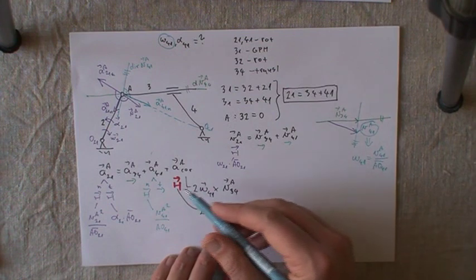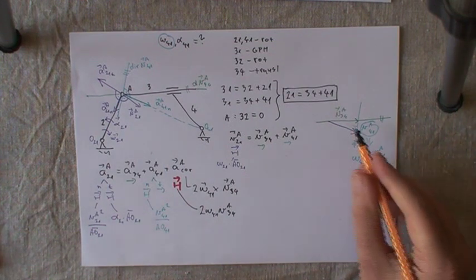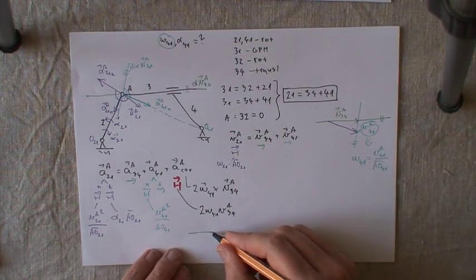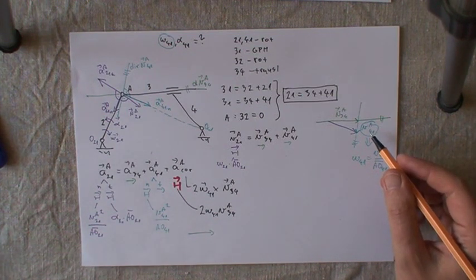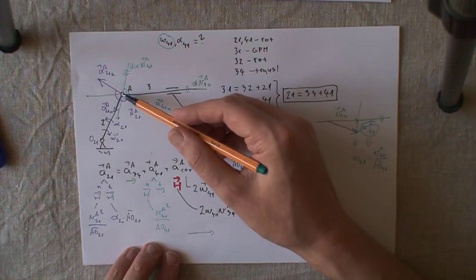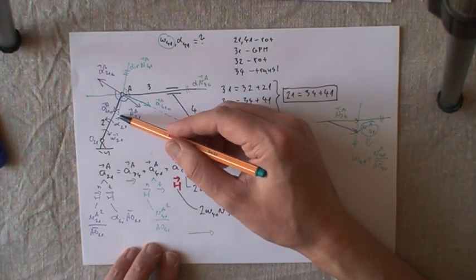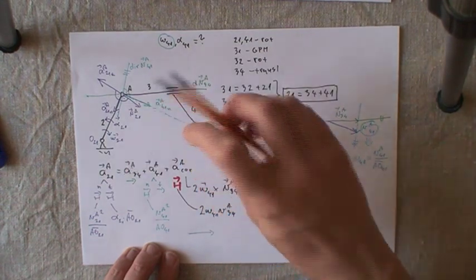and the direction, well, we will take VA34, which is here, and we will rotate it 90 degrees in the direction of omega carrying. Omega carrying, where does it go? So VA41 goes this direction, it goes down. So 4,1 is rotating left.